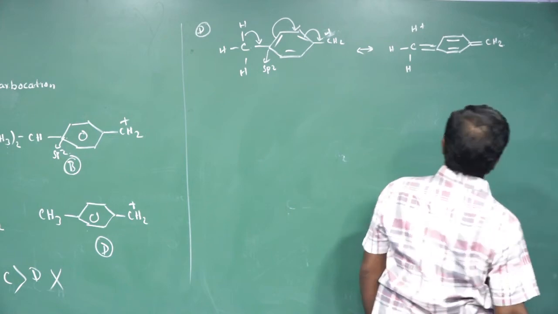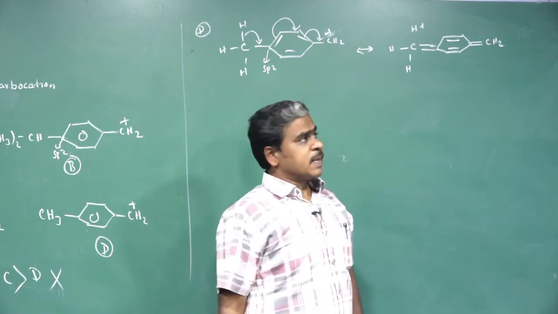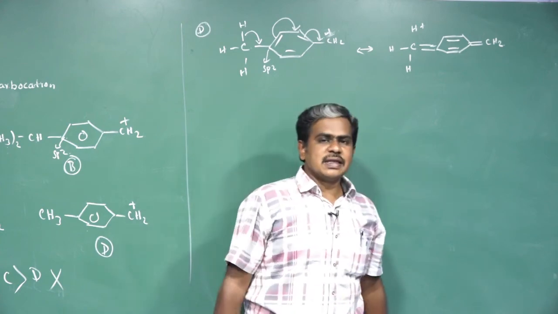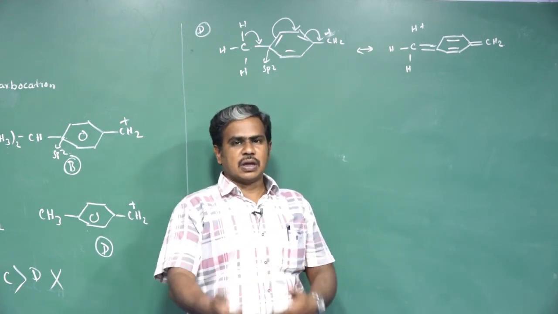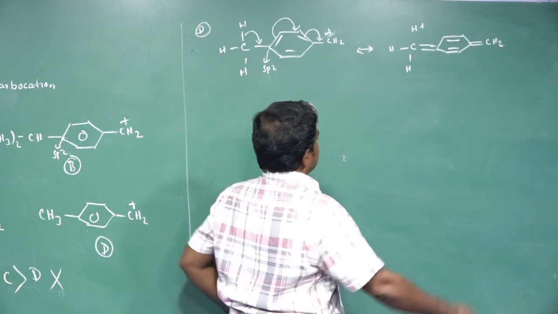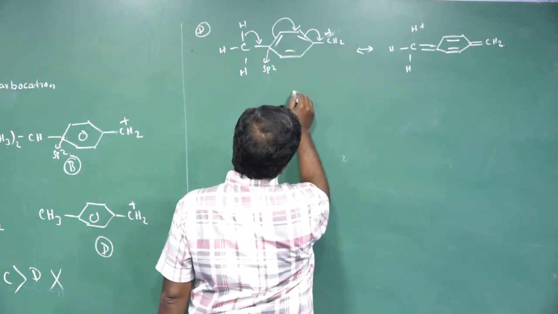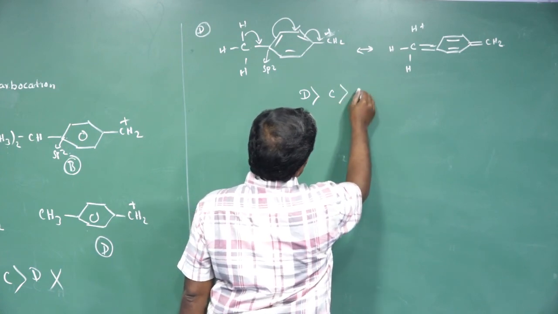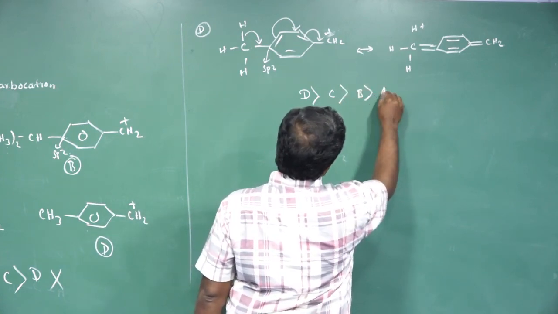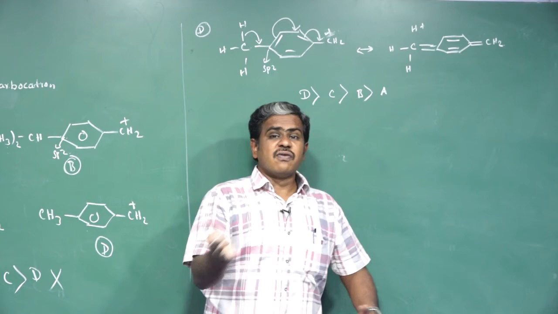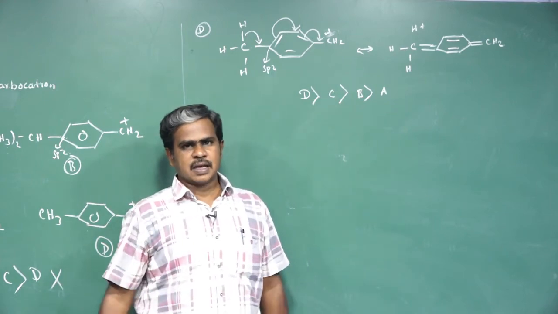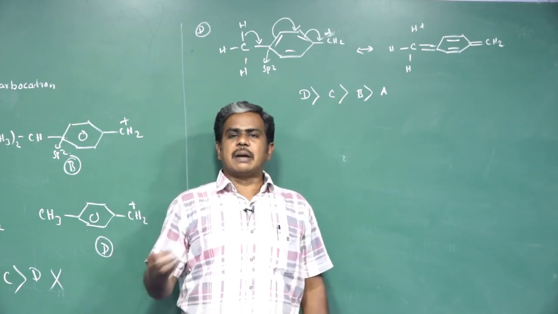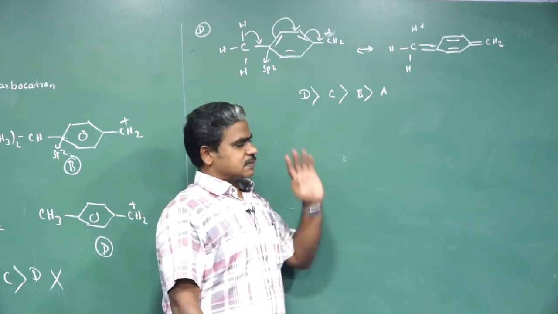So the positive charge is somewhat neutralized. In the same way for the other hydrogens, we get three canonical forms, so D is more stable than C, B and A. This is the reverse of the plus I effect. So the plus I effect cannot explain it, but hyperconjugation explains it.